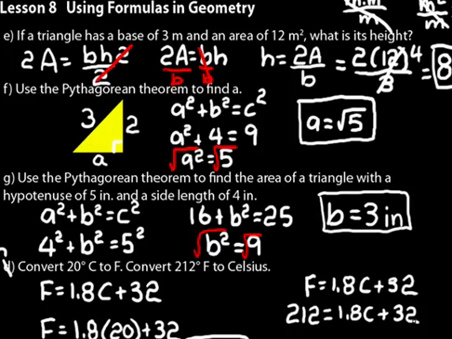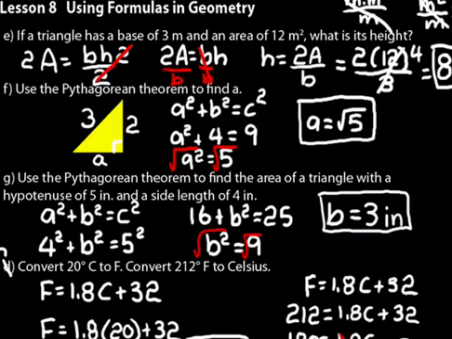And so 212 minus 32, well, look at the 2's, those would go away, so you'd have 210 minus 30, and that would be 180, is equal to 1.8 C. So divide both sides now by 1.8, and hopefully you can see the similarity there on the left, and you'd get 100. So C is equal to 100 degrees C.